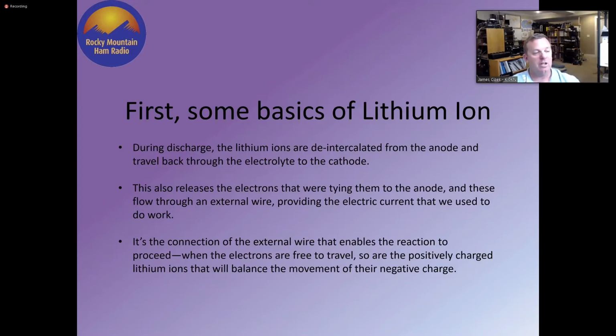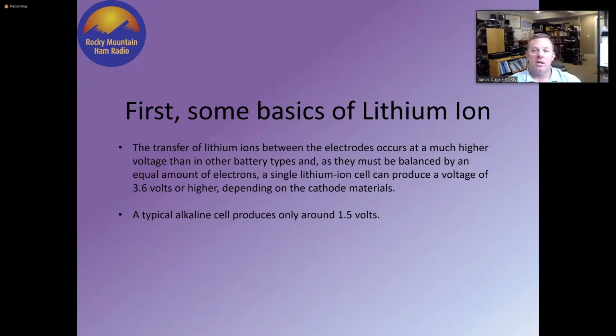That's where I was trying to go there. So as we move the molecules across the medium, we're knocking electrons off and regaining them so that everything stays stable in the battery. One of the things here, the transfer of lithium ions between the electrodes occurs at a much higher voltage than in other battery types.